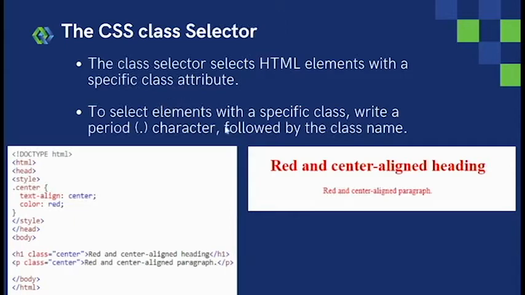So to select elements with a specific class, write a period character followed by a class name. So for ID we use the number sign, and for the class selector, we use the dot or the period character.